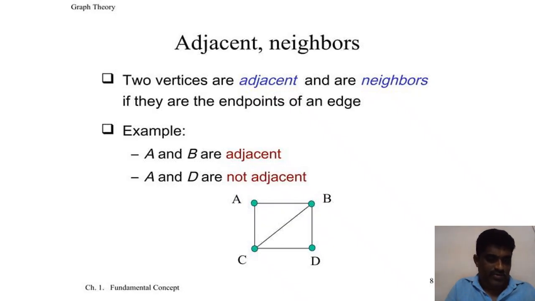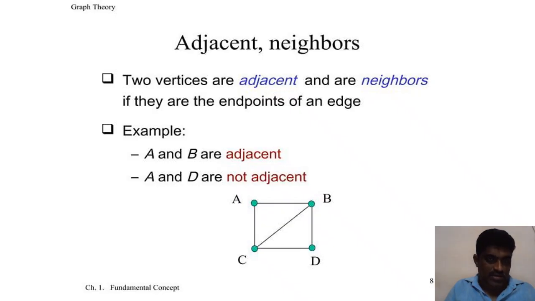The definition of adjacent: when two vertices are connected directly by an edge, we give them a special name, called adjacency. We say the two vertices are adjacent to each other. We also call them neighbors.